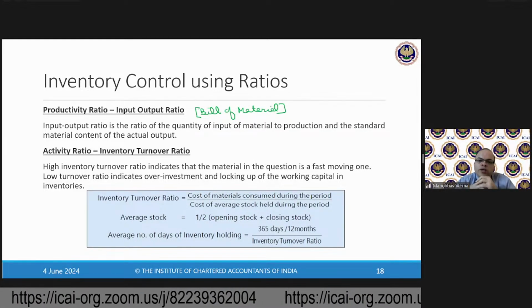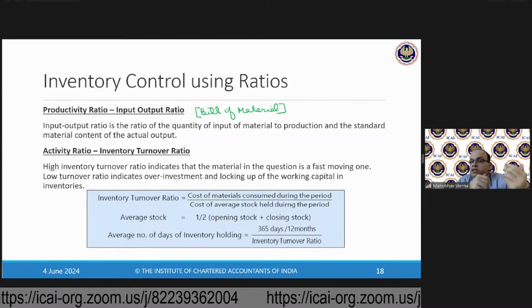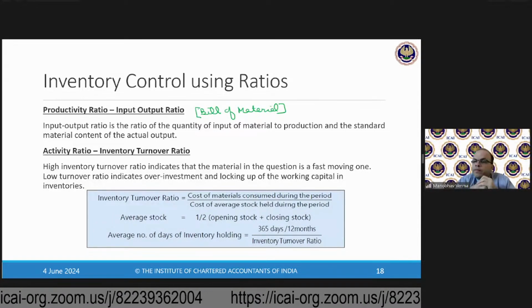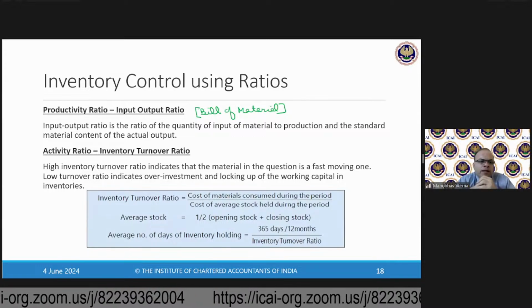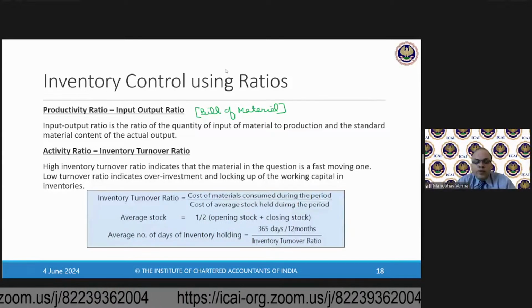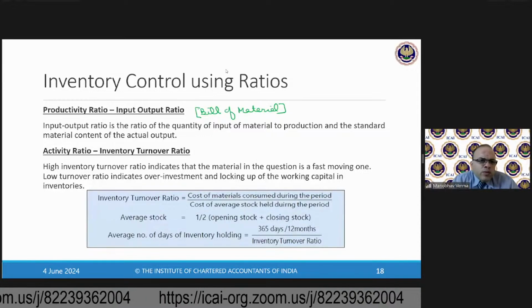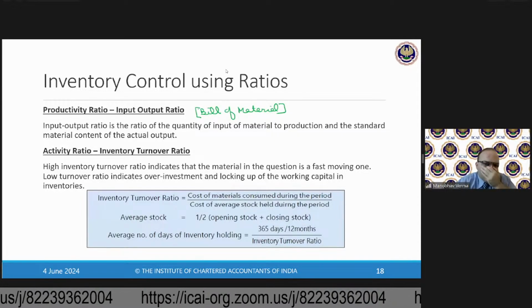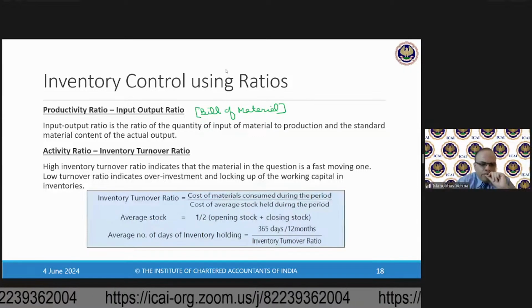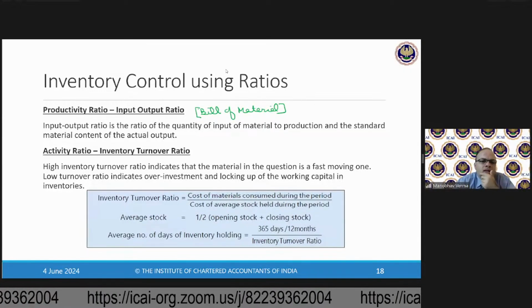So a high inventory turnover ratio means that we are talking about faster inventory. Low inventory turnover means it could be a slow moving item, but it indicates the way the inventory is moving.